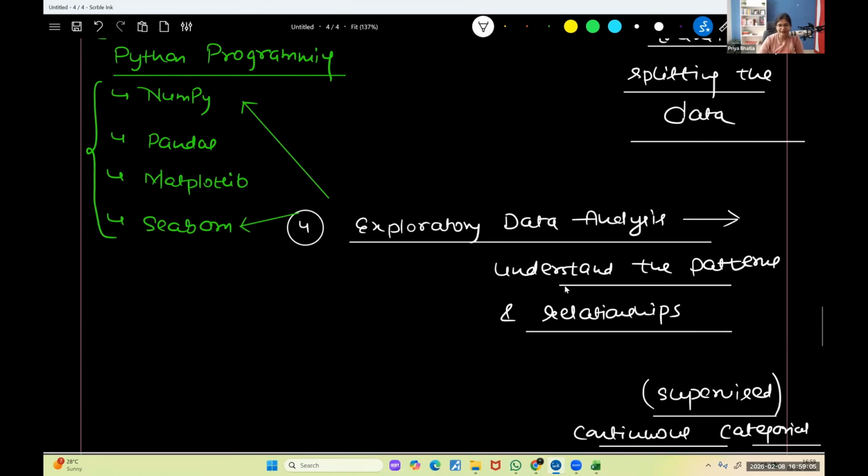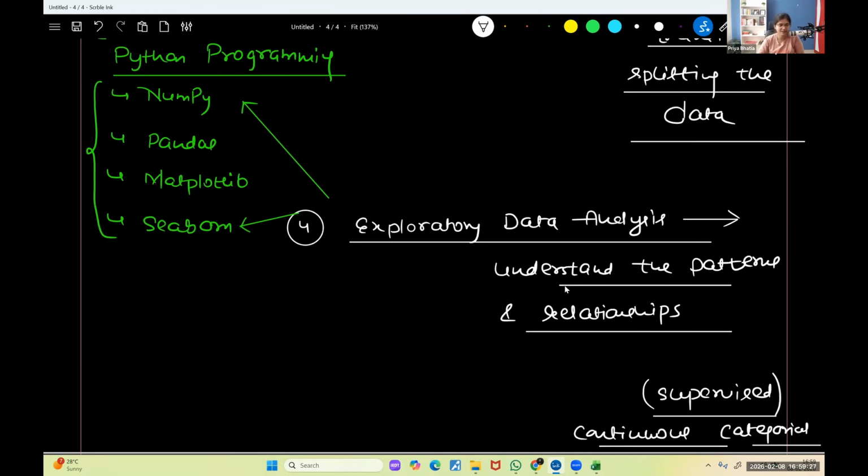In EDA, you will try to create different plots and you will try to understand how the features impact each other. For example, if we have two features, whether those two features are positively correlated or not. You will try to understand the impact of one feature over another.